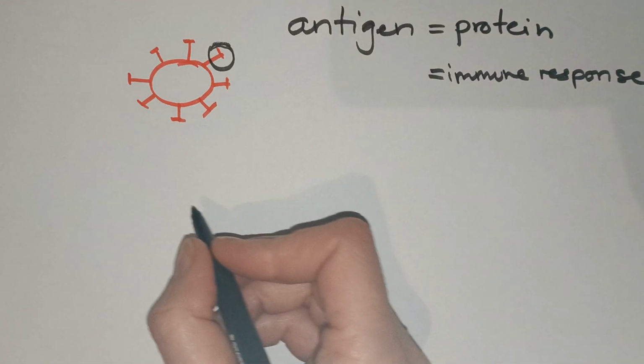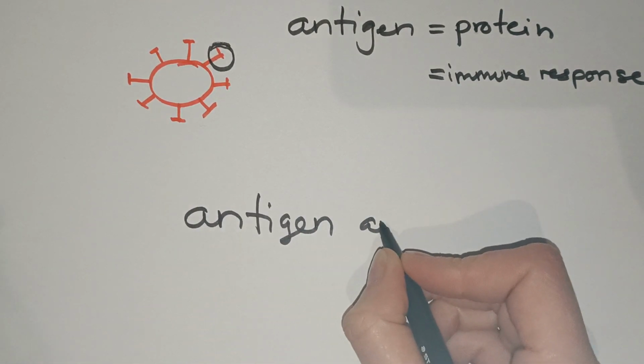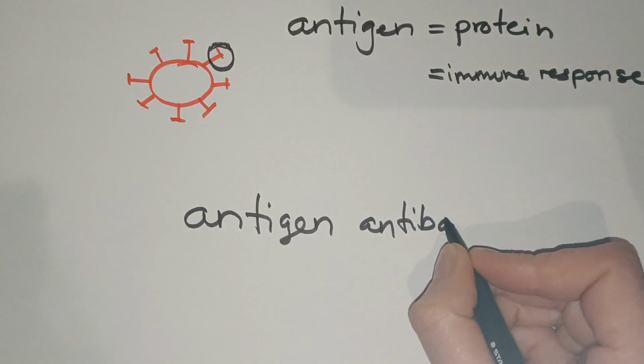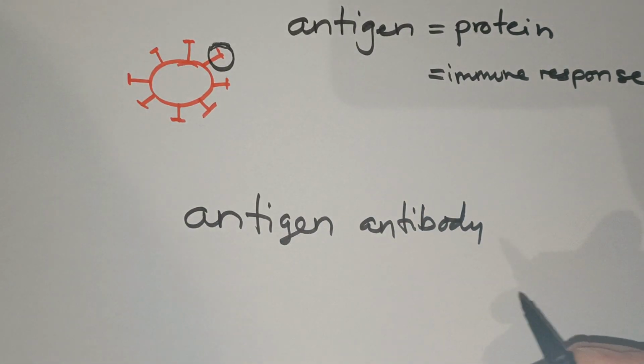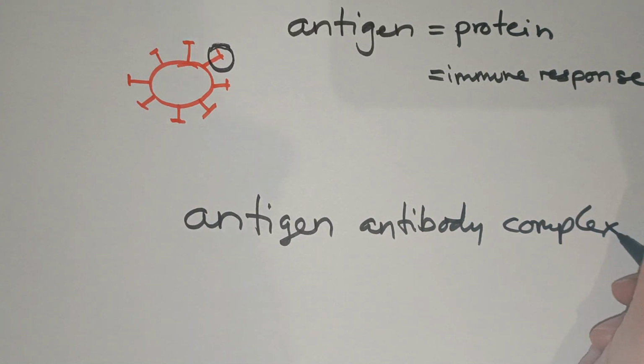For this to happen, we need to have an antigen-antibody complex. An antibody-antigen complex is when we have those two things bound together. Now, the 3D structure of an antibody is really important, and its receptor site will be complementary to the shape of the antigen.